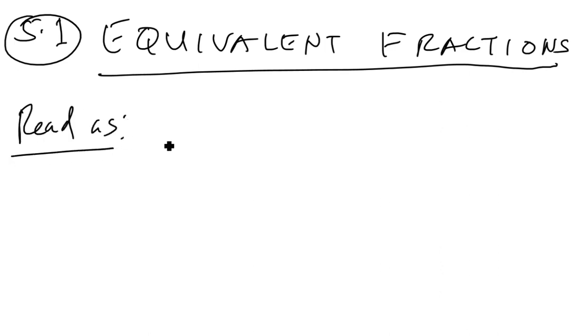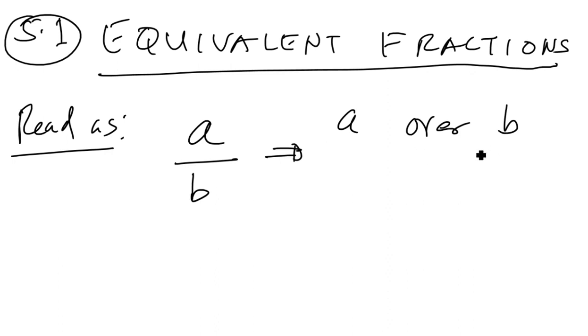First of all, I need to tell you how to read fractions. If you have, for example, A/B, this one in English is read as A over B. You see, we use the word over.